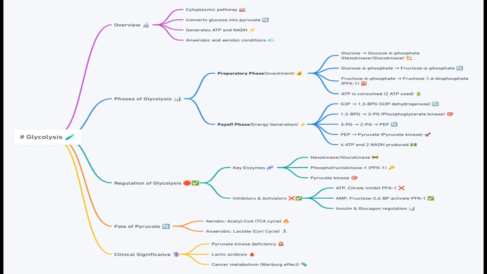So that is something very important to remember. And you could also note the phosphorylation level starting at step 7, 1,3 bisphosphoglycerate.